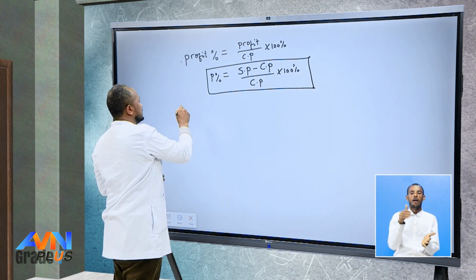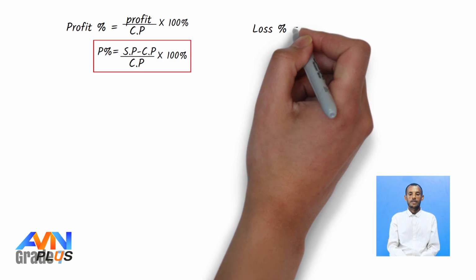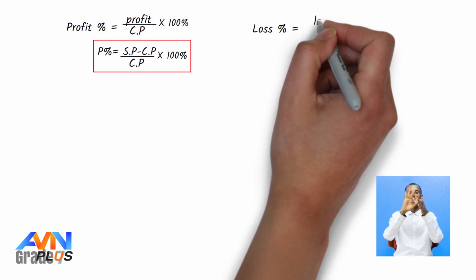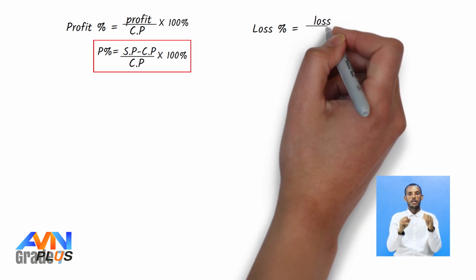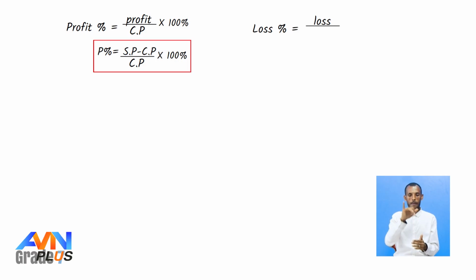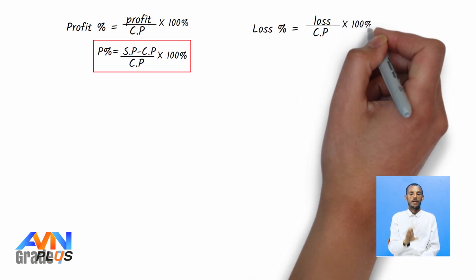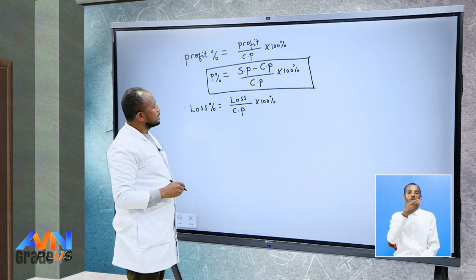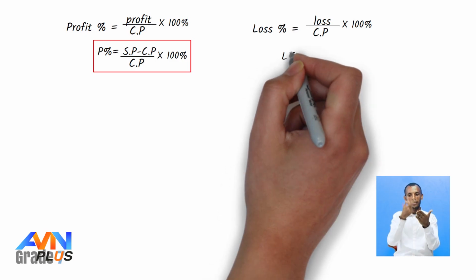Again, loss percent is given by this equation. To calculate the loss percent, you divide the amount of loss by its original price, or that means by its cost price, times 100%. So this is the equation to calculate loss percent. Again, we can rewrite this in this form.